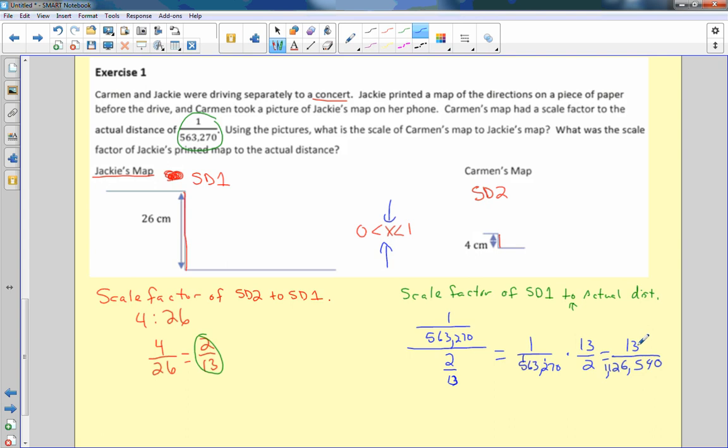So it's 13 over 1,126,540. So every 13 centimeters equals this distance here in real time. If we're looking at the scale factor of drawing 1 to the actual distance, this one here to the actual distance is 13. So really, if this is 26 centimeters, I double this and we can find our actual distance, which is 2,253,080. Okay, so there is exercise 1 done, and I apologize for skipping that.